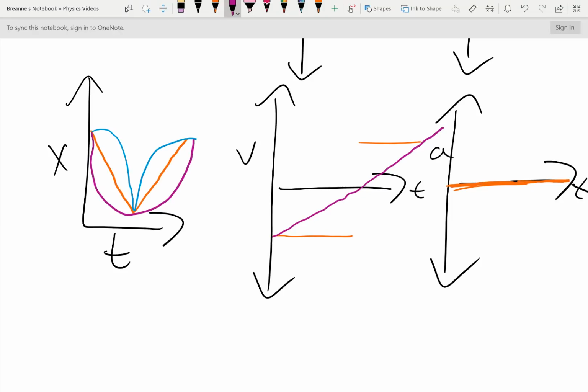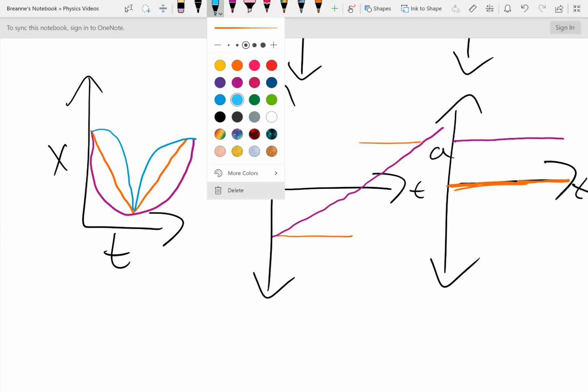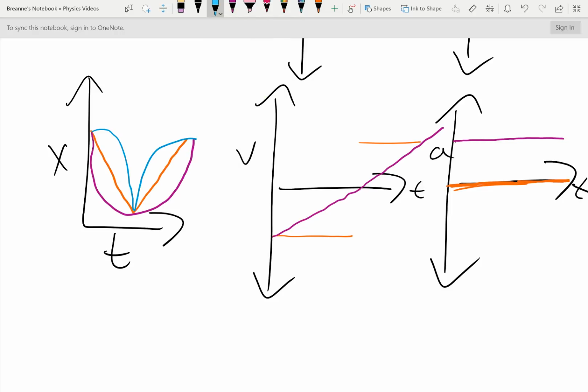That is a positive slope, so that is a positive acceleration all the way across. For the blue one, you are speeding up in the negative, so you'll be going away from the timeline, and then you're slowing down in the positive, so you're doing something like that. That is a negative slope. So just giving you an idea on graphing.